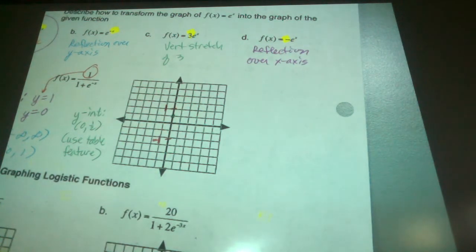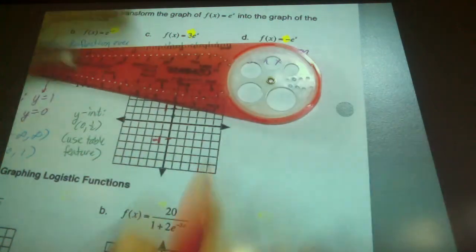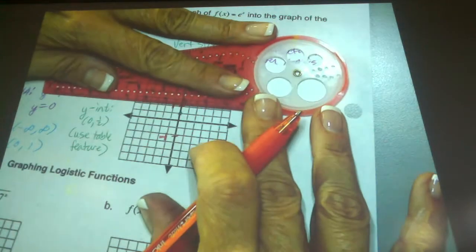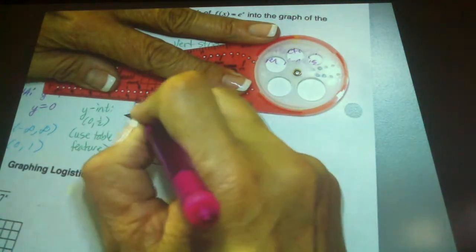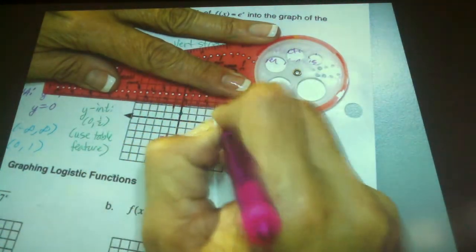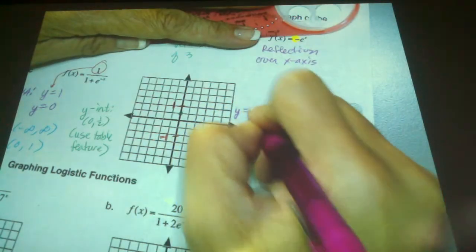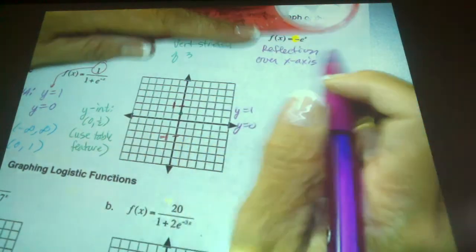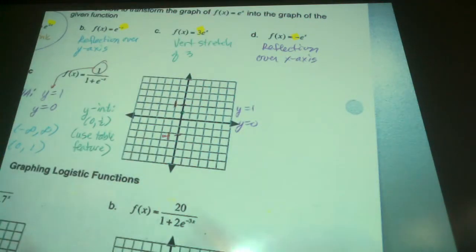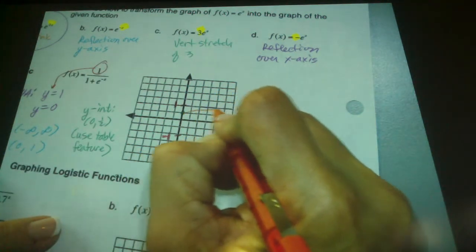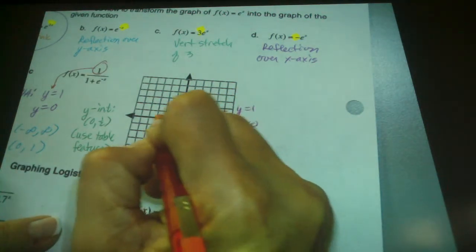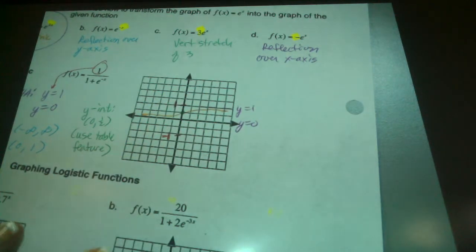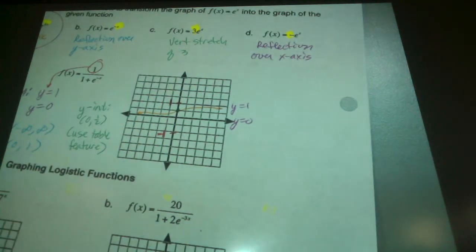And then I have my horizontal asymptotes. I have one here. This is y equals 1, and then one here of y equals 0. And then on the right, it's going to approach here, and on the left, it's going to approach down here. So that's what my graph looks like, this little S curve, but sideways.